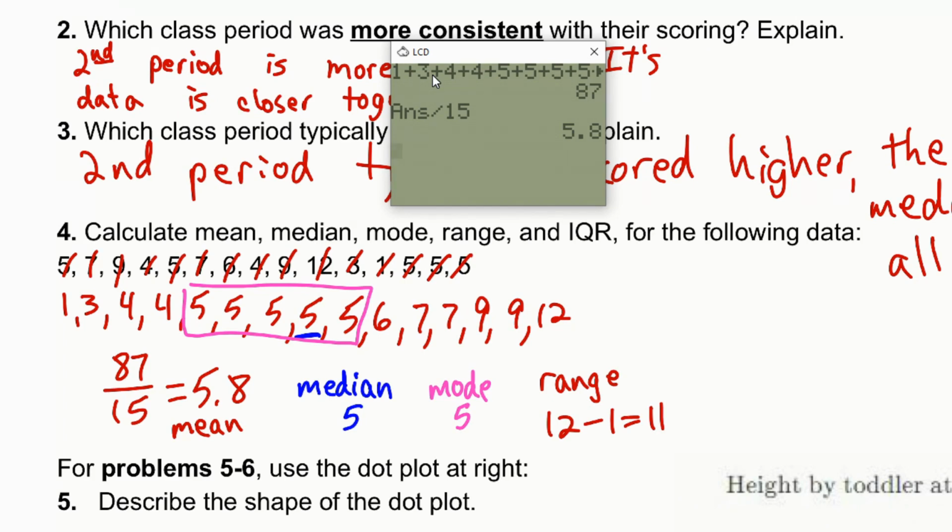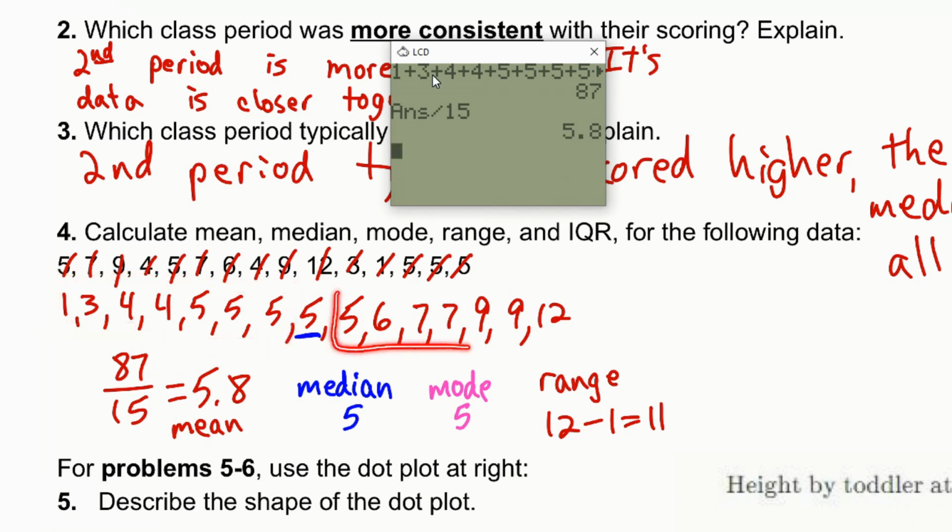And the interquartile range takes the 75th minus the 25th quartile. So we look at the bottom half of data and find the median of that.